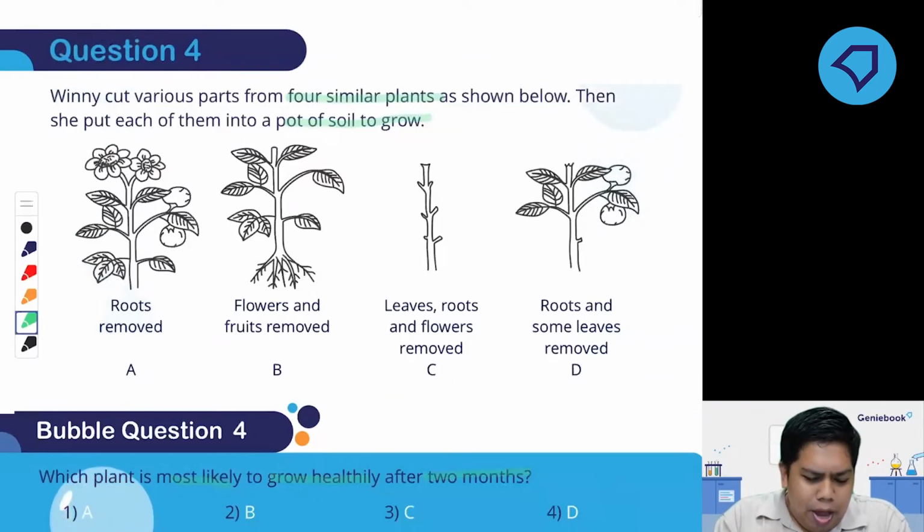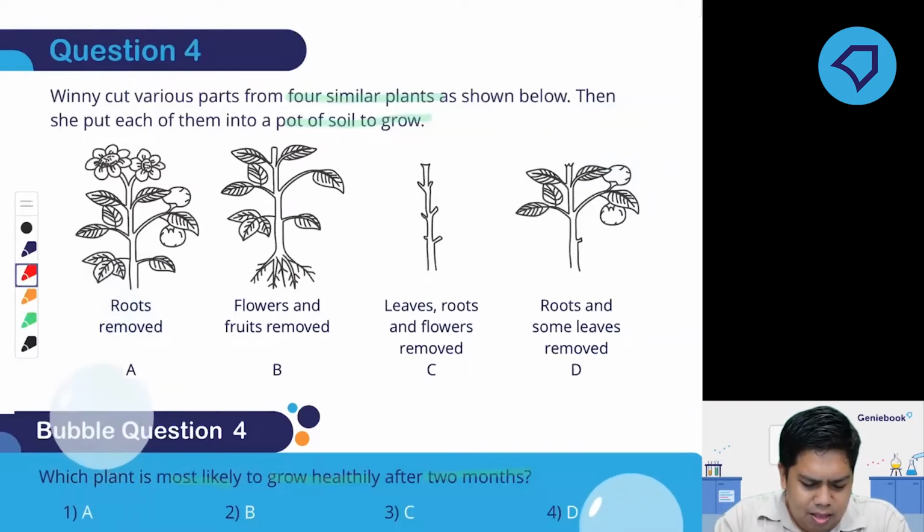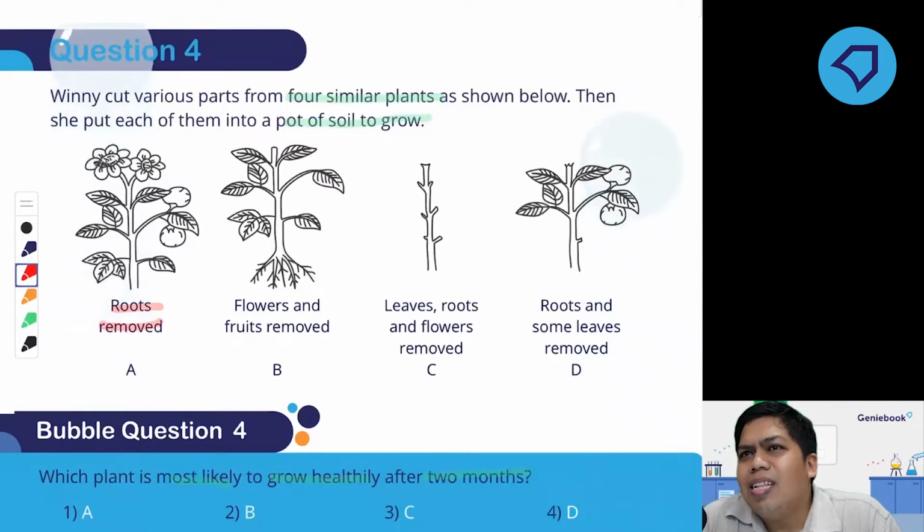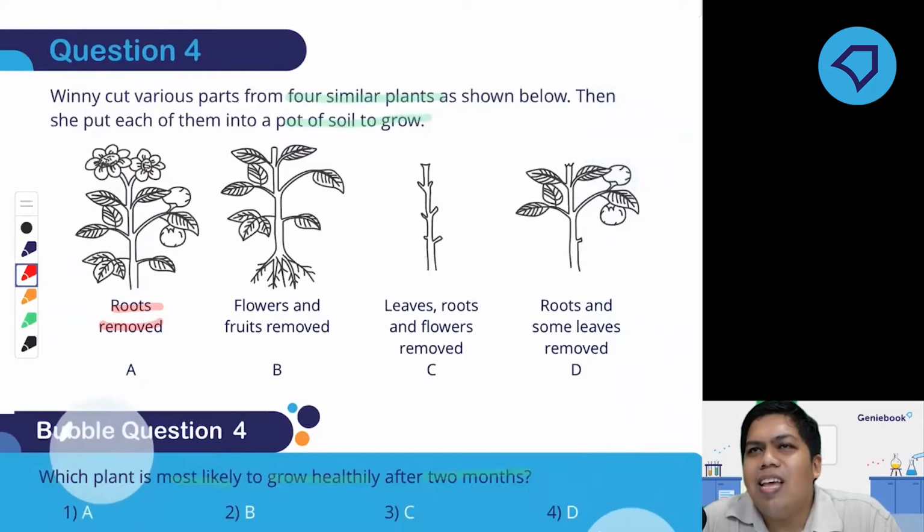When you cut off the roots, what happened? Can anyone tell me? Okay, Kelly, yes, it can grow healthily, but why? Okay, Joey, yes. Need a bit more detail. Okay, Ong Chi Yu also. Yes, Yang Jingwen, Nathaniel, all correct.